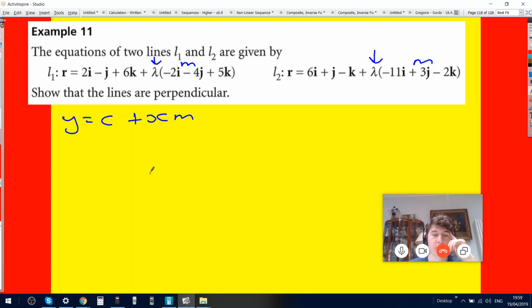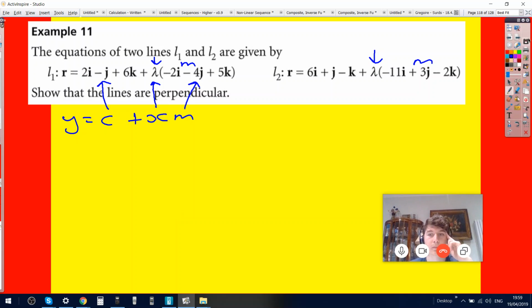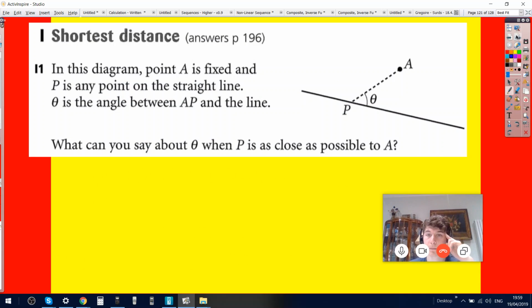They've just put it into that format. So the 2i minus j plus 6k is the c value, because it's not being multiplied by anything. Just in case you need it, but that's the dot product anyway.